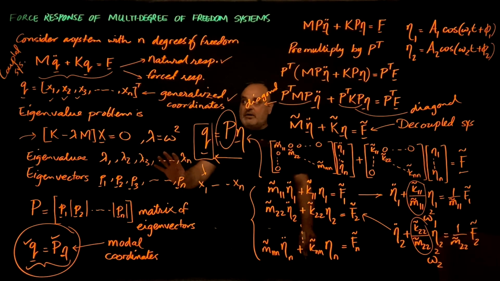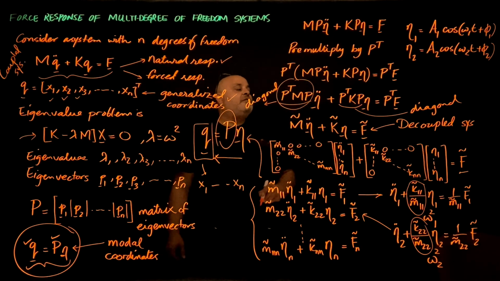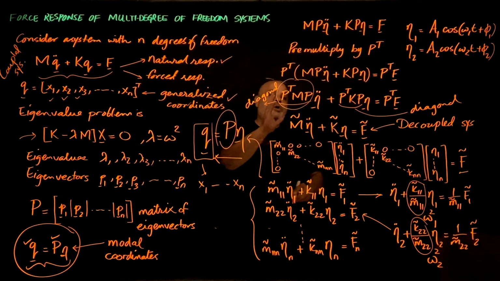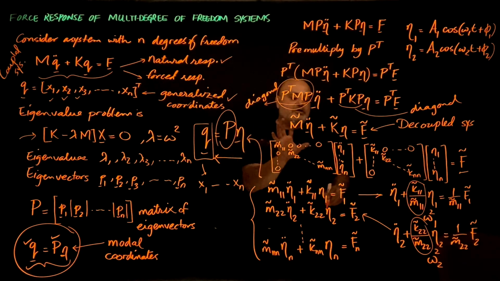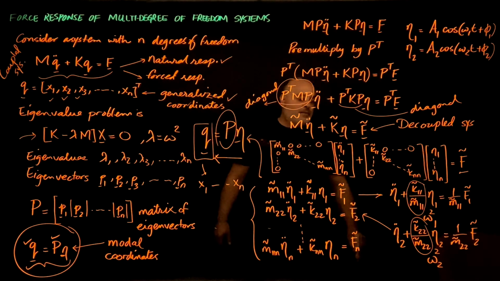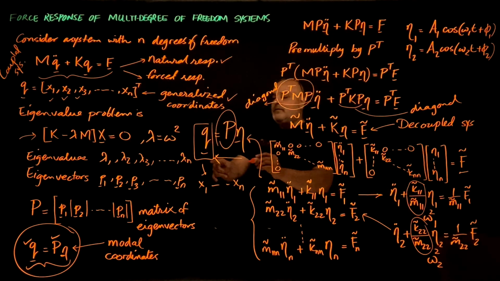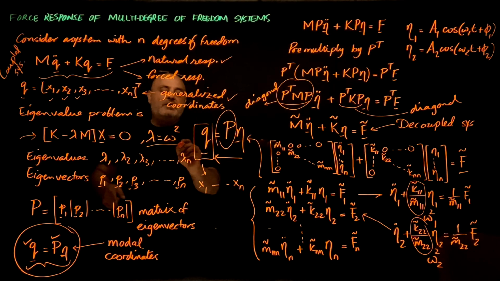So the key here is that eigenvectors are orthogonal. That's what gives me the advantage of diagonalizing these matrices. The K divided by M are going to be the frequencies, which are basically the eigenvalues.